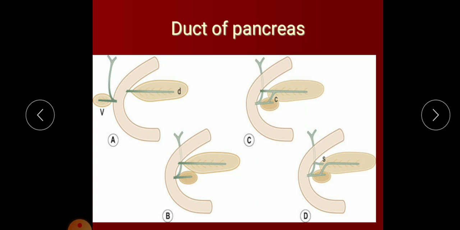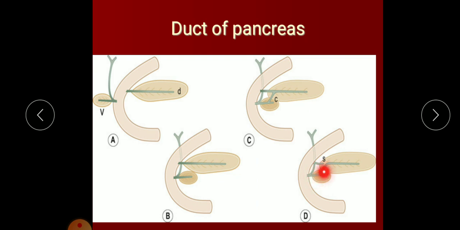So now which are the parts that are contributing in the formation of the major or main pancreatic duct? So look at that. It is the distal part of the dorsal pancreatic duct, then this anastomotic channel between these two, and the ventral pancreatic duct.